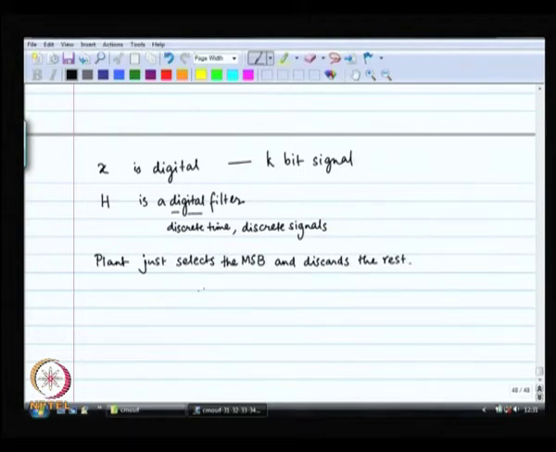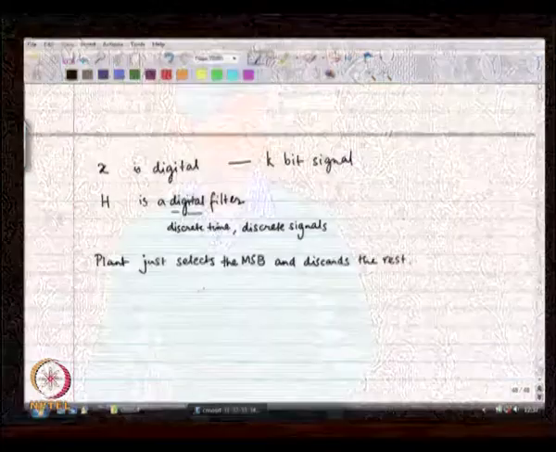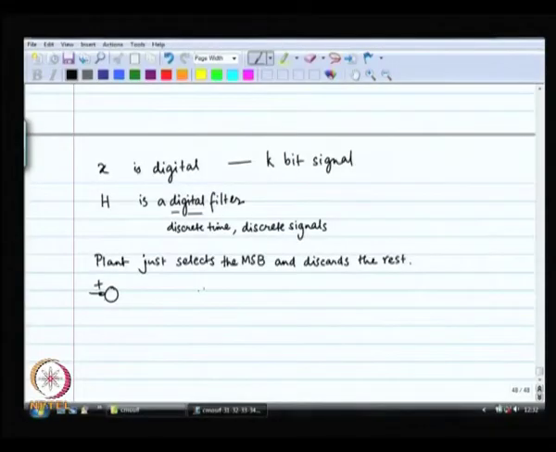Okay. So, the plant is just one wire. The adder, of course, this particular adder that I have got, we have to be a little careful about this.